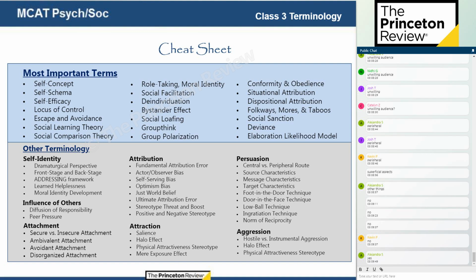I would further suggest make sure you understand what the dramaturgical perspective is, something about learned helplessness, diffusion of responsibility, absolutely about attachment and attachment theory, the fundamental attribution error, self-serving bias, ultimate attribution error, things about stereotypes, absolutely central and peripheral route of persuasion, the difference between hostile and instrumental aggression, all of those.